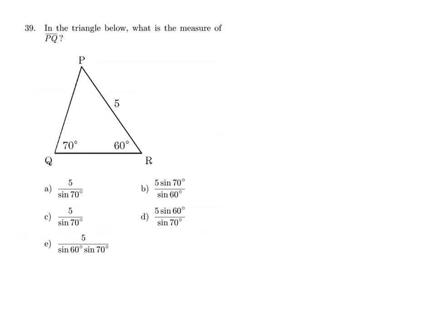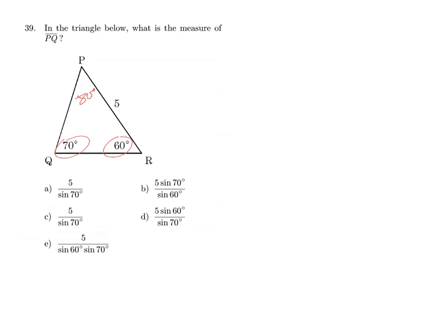In the triangle below, what is the measure of PQ? All right, here is a situation where I will use the law of sines. I have 70, 60. That adds up to 130, so this is 50 here.